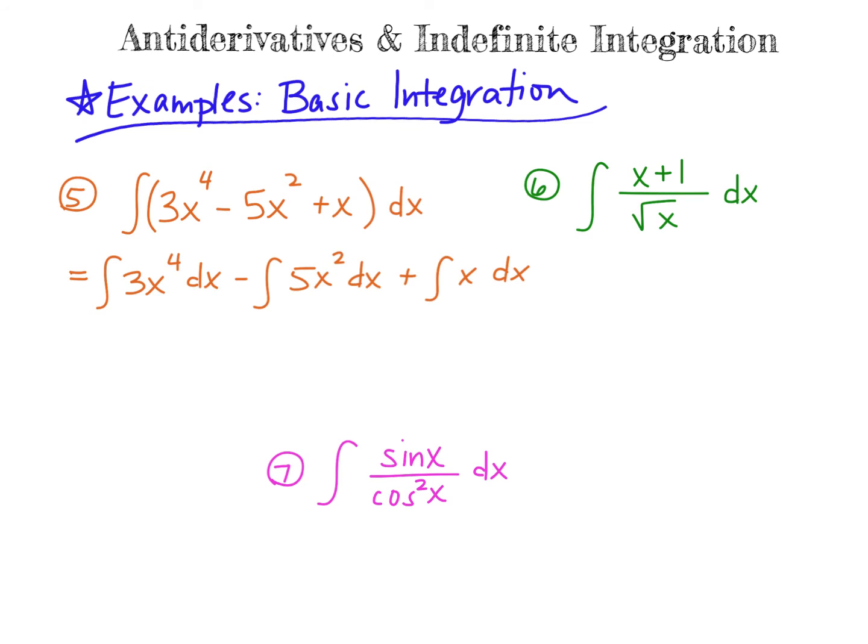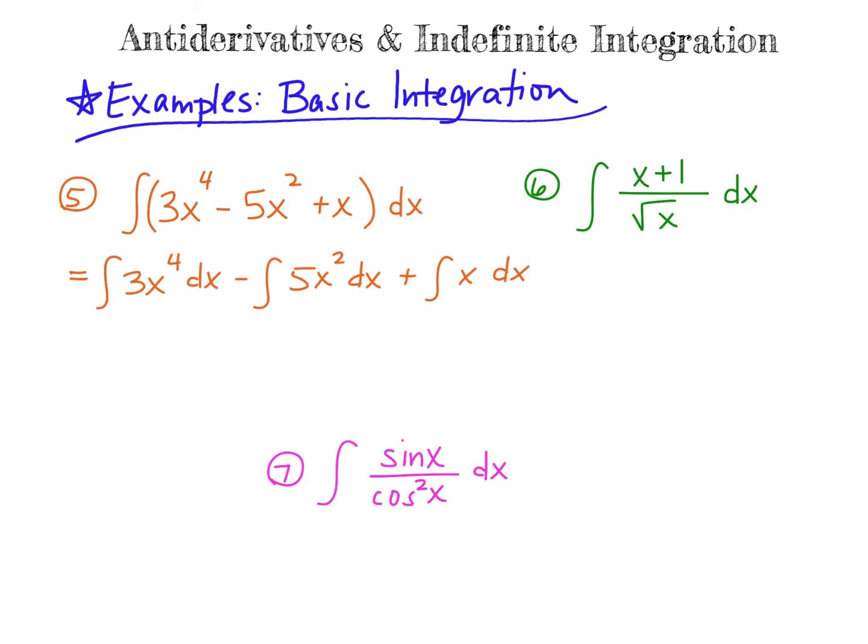Now I'm writing it out like this because sometimes students like to see that you can take just the integral separately of each term as long as they're separated by plus or minus, similarly to how we had the sum and difference rules for differentiation, where you took the derivative of each term that was separated by a plus or minus. We can do the same thing with an integral. So I'm going to write it out this way for this example. Note that I won't always do it this way, but I just want to show you we can think of it as 3 separate integrals because they're separated with plus or minus signs.